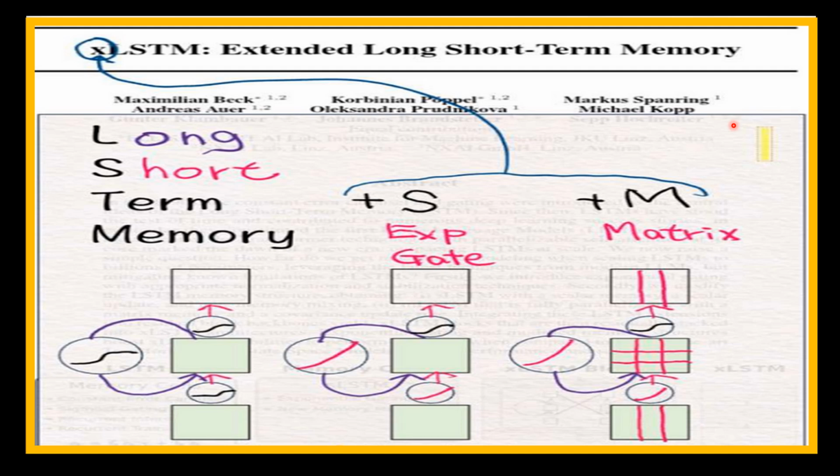With the matrix memory, this mLSTM can handle much larger volumes of information due to its increased dimensionality. Moreover, instead of using the traditional dot product update operation, this matrix LSTM employs a covariance update, which allows for efficient and parallelized computation.